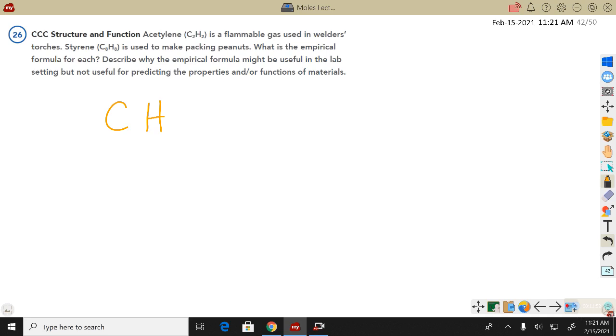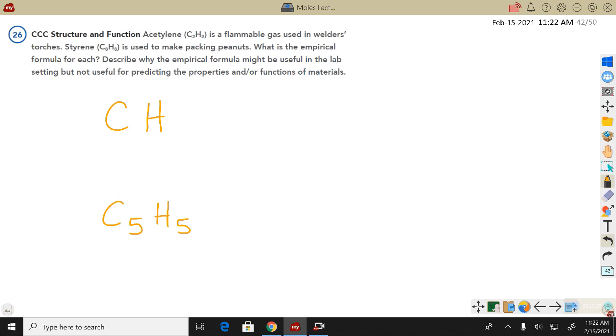And so we can string together 2 carbons, 3, 4, 5, 6, 7, 8, 9, 10. We can string hundreds of carbons together. And so this empirical formula might help me predict, like, if I had 5 carbons and I knew that the compound had the same empirical formula, well, I could predict that it would have 5 hydrogen. You could predict the formulas.